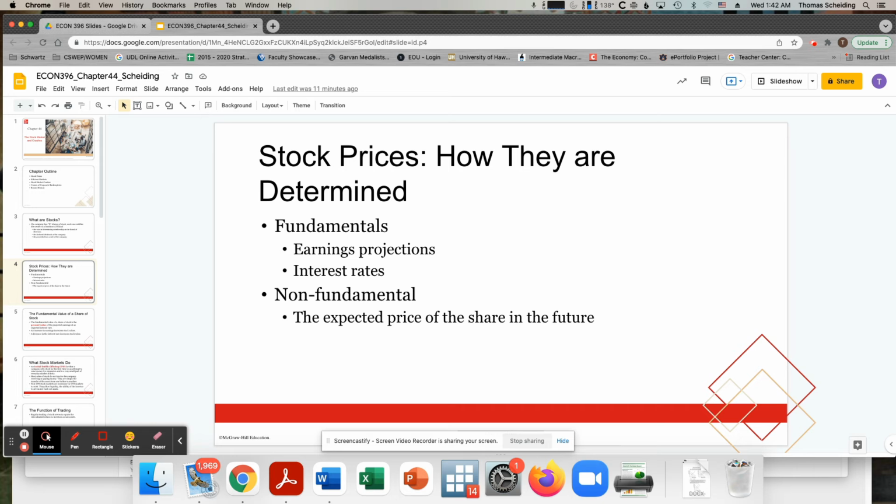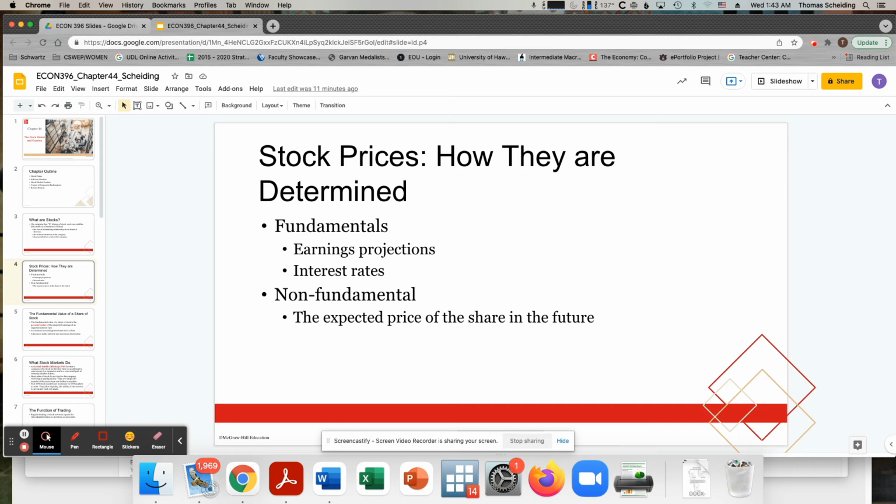Now, there are entire courses on this slide. In fact, some of you have taken the class already with me. That would be BUSA 311. The BUSA 311 course that I'm teaching this semester is all about determining why stocks are priced the way that they are. A large part of why they're priced a certain way deals with the fundamentals.